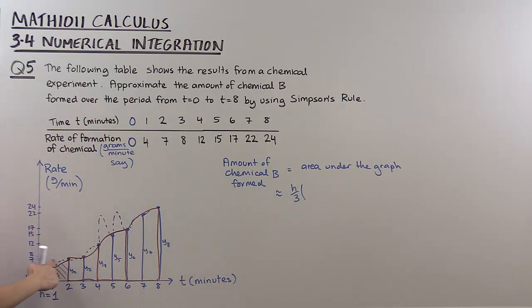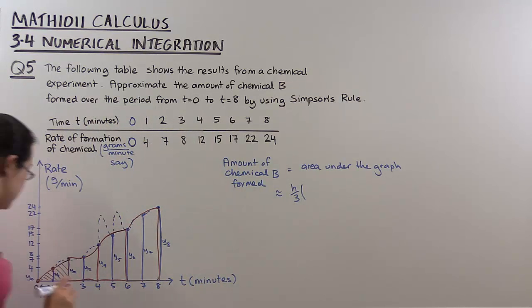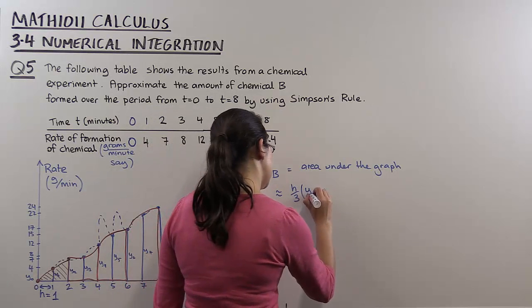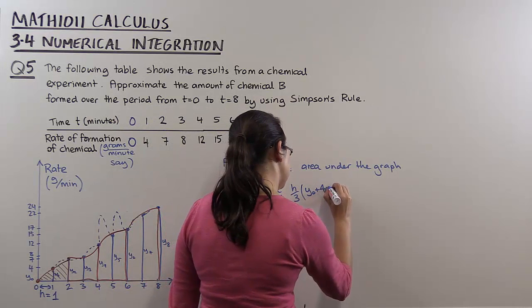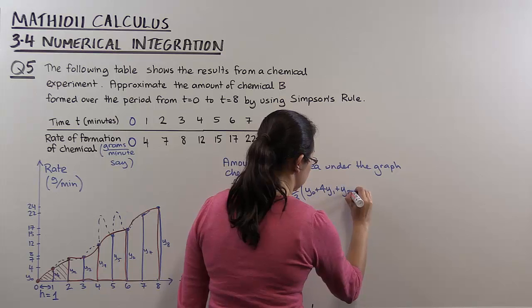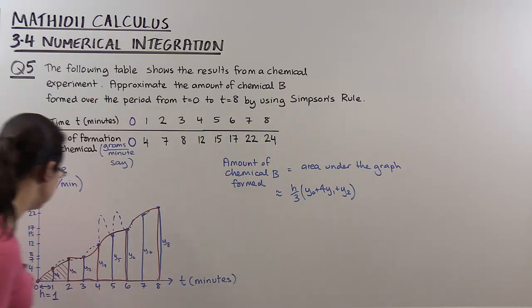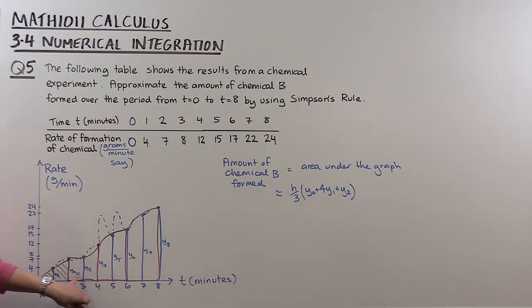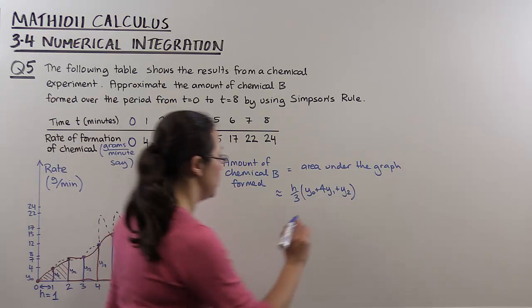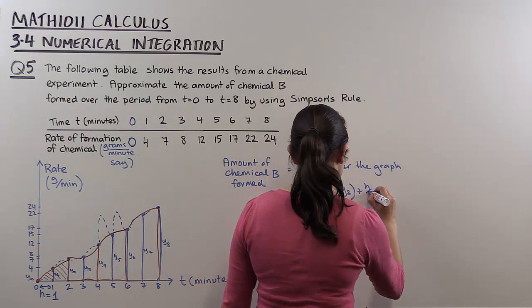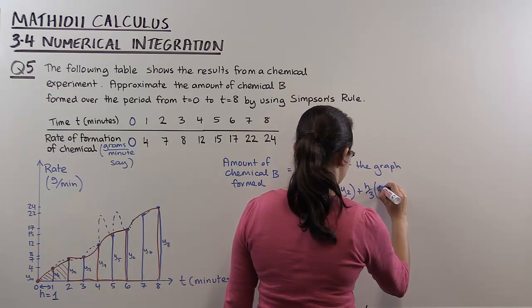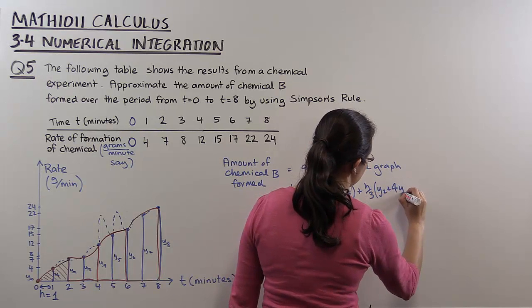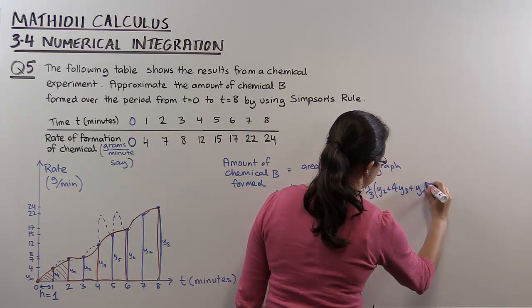So this first pair of subintervals here, it's h on 3 outside of y0 plus 4y1 plus y2. That's this first pair of intervals here. The second pair of subintervals will be finding h on 3 outside of y2 plus 4y3 plus y4.